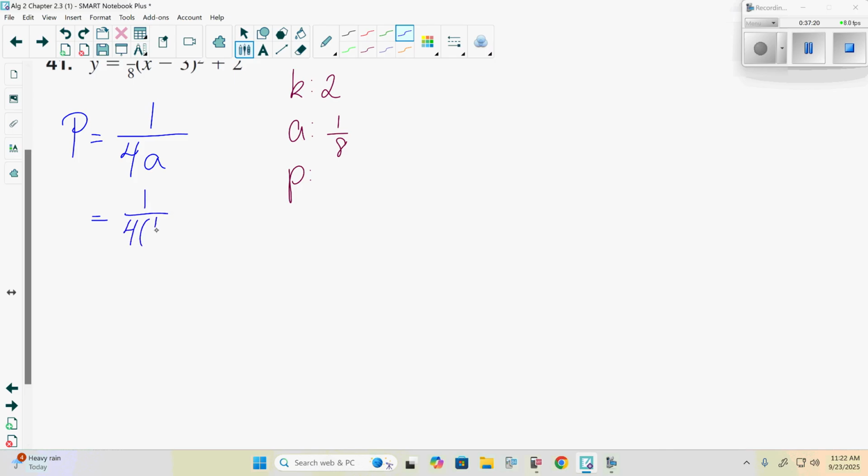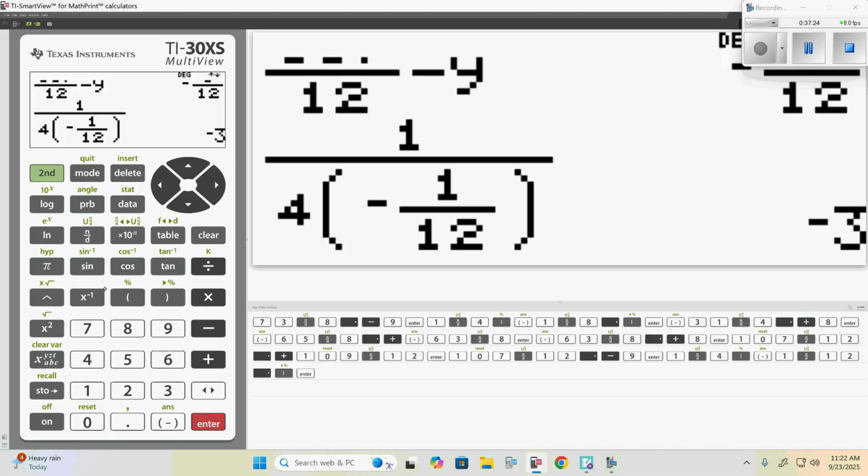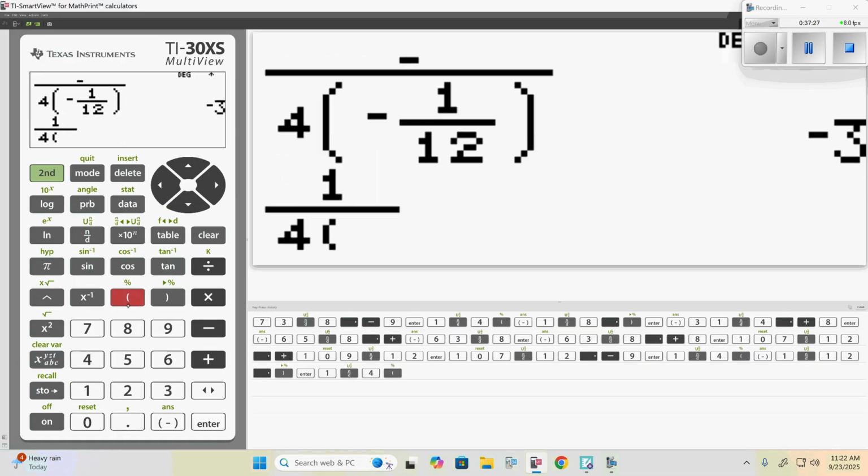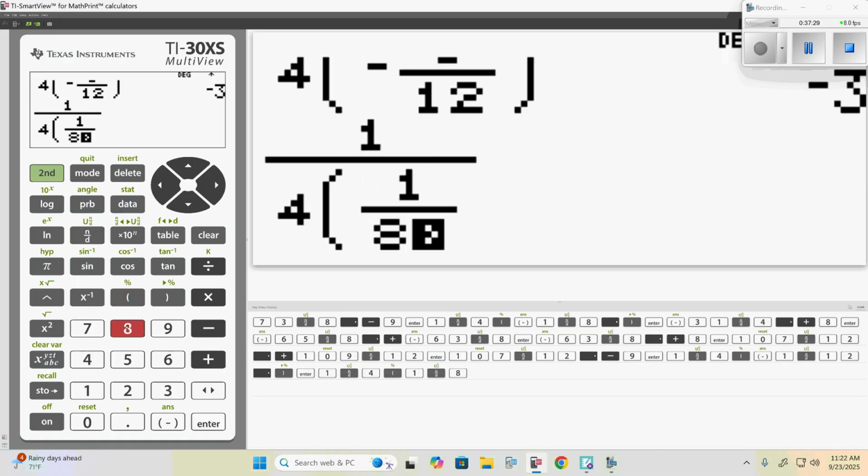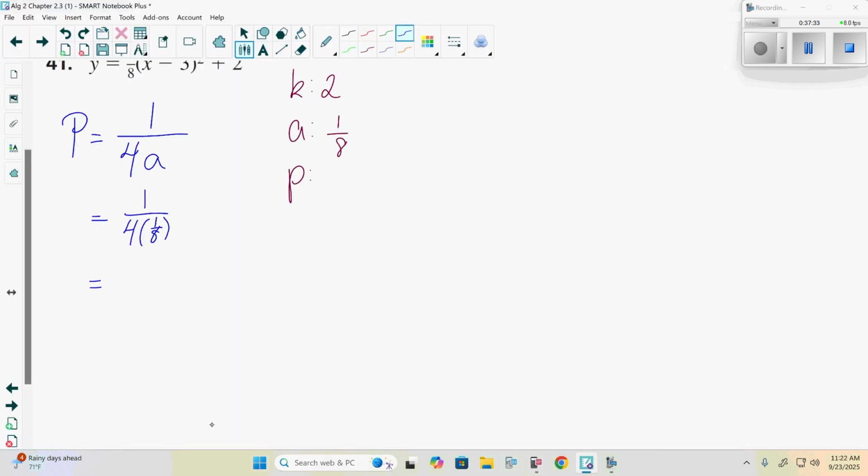So we have 1/4 times 1/8. And we can stick that in a calculator, let the calculator do that for us. And it'll tell us that the value of P is 2.